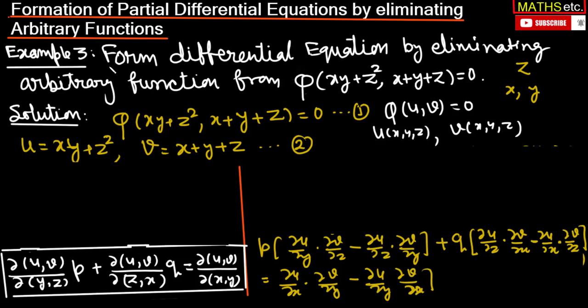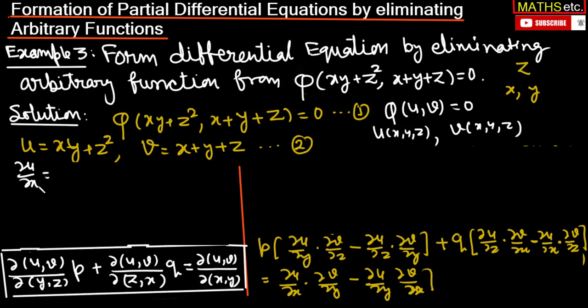So coming back to example 3, u and v are known functions of xyz. We will calculate all these partial derivatives using these two relations, put them here, and we will get the resultant differential equation. So del u over del x: u is a function of xyz.